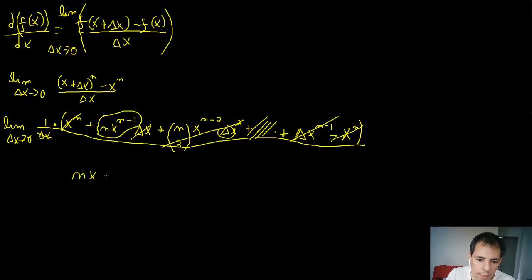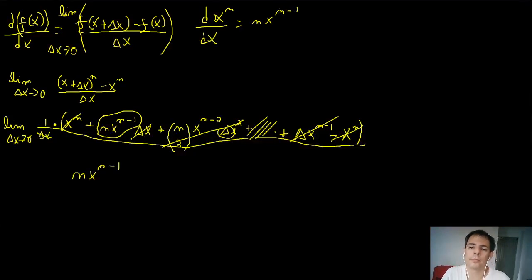N times x to the n minus 1. And that's what you had before, right? The derivative of x to the n with respect to x was n times x to the n minus 1. And there you go.